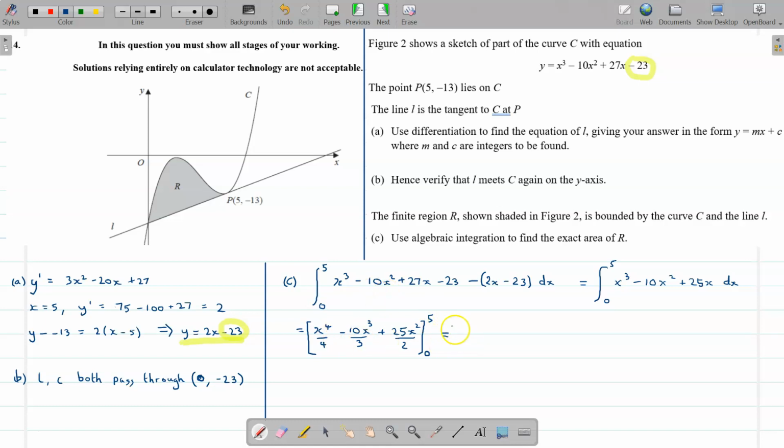So we're going to have 625 over 4. We're going to have, what's that going to be? That's going to be 1250 over 3. And 625 over 2.